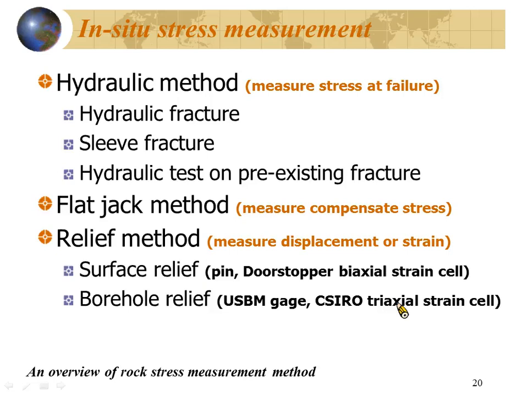The failure of rock will be another response or another result of stress, right? If you have very large deviatoric stress, then the rock will fail. If you can make the rock fail, then you can go back to evaluate the in situ stress. Okay, I will talk to you later about these three methods, but I want to mention one important thing.